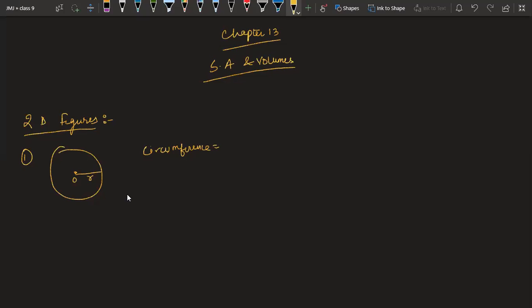Yes, it is 2 pi r. Circumference is the same as the length of the outer boundary. Circumference is the same as perimeter, or the length of the outer boundary. Now the area of a circle is given by pi r square.